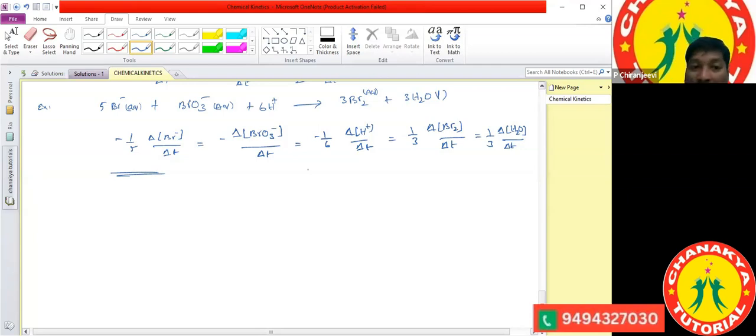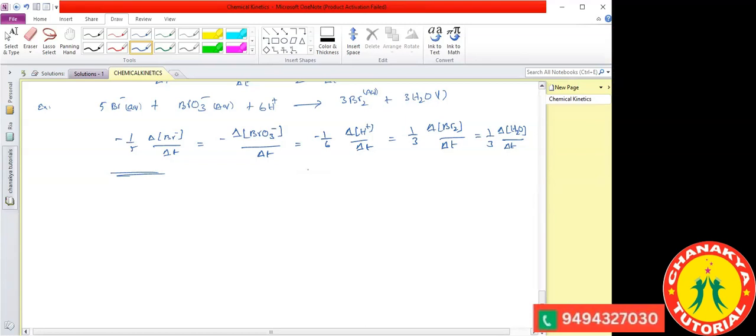Based on this we also have some numericals. To find the numerical, first you have to know how to write the rate expression. Without writing the rate expression, it is not possible to calculate. We will do some numericals based on this tomorrow. Then we'll continue in the next class.